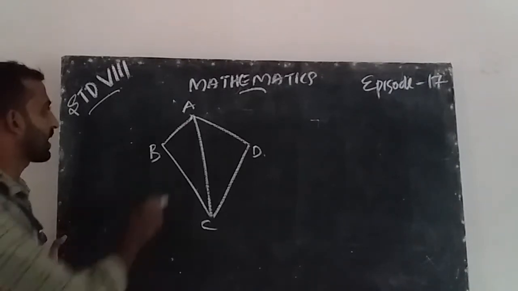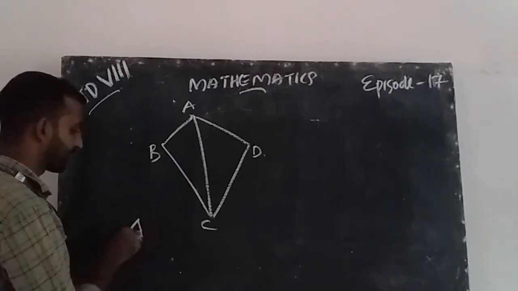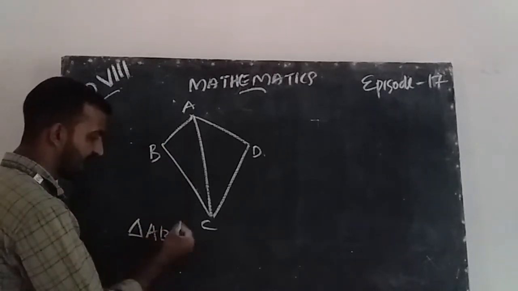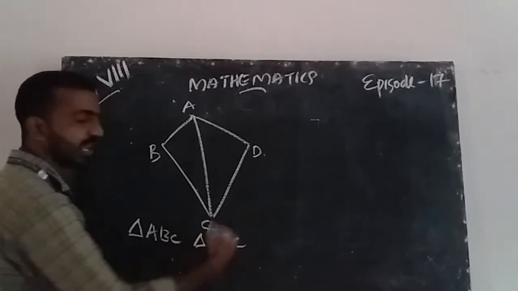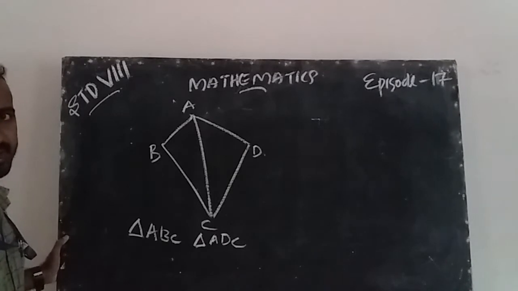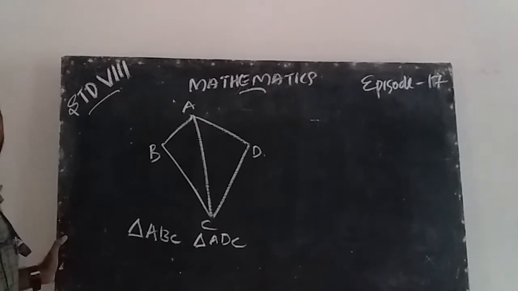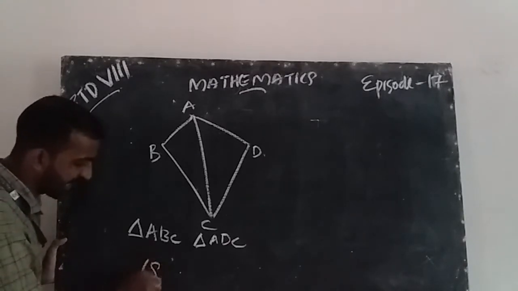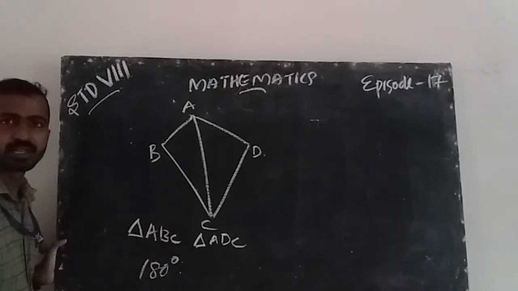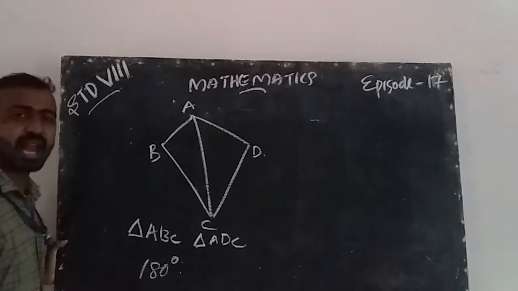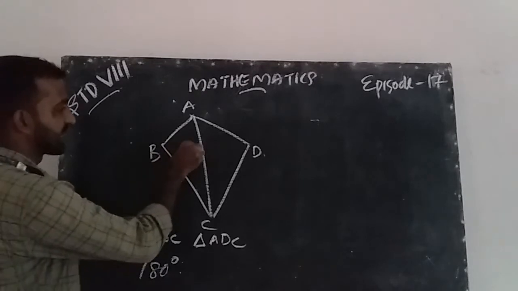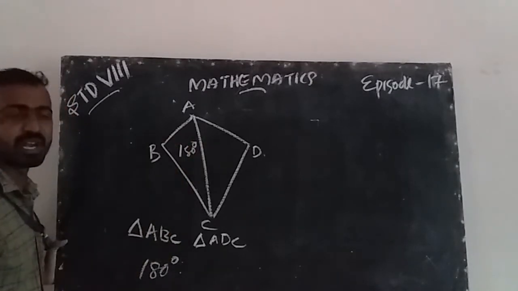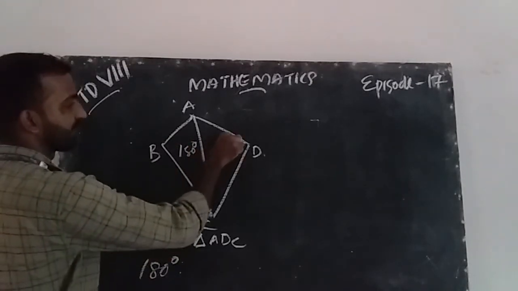One triangle is ABC and the other is ADC. We already know the sum of angles of a triangle is 180 degrees. One has angle sum 180 and the other 180.